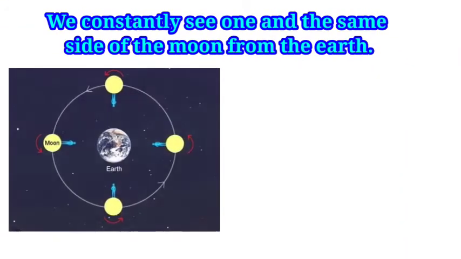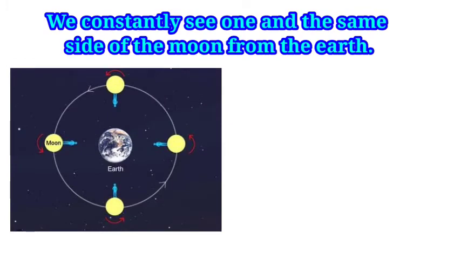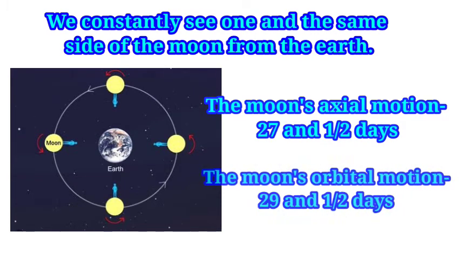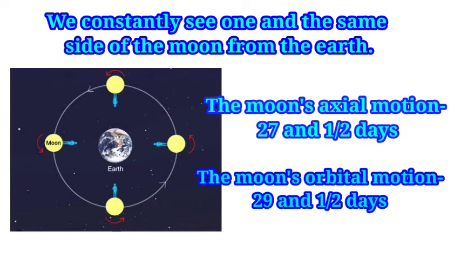We constantly see one and the same side of the moon from the earth. We saw that the moon also has axial and orbital motion. The moon takes 27 and a half days to complete one rotation and takes 29 and a half days to complete one revolution. It means the moon takes about the same time to make one revolution around the earth and one rotation around itself.